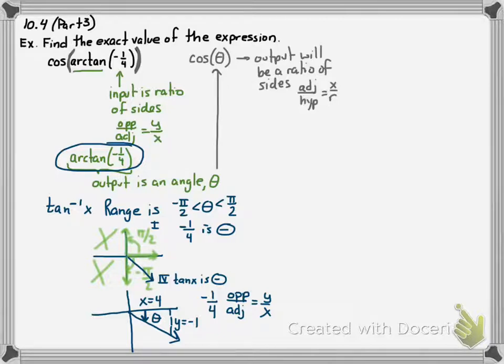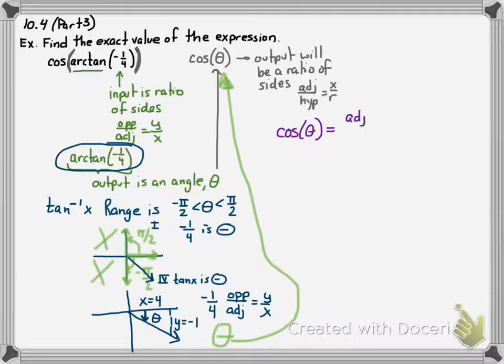Okay, so we've drawn the triangle, we have the x value and the y value, and we've drawn a picture of theta. So now we are ready to take that angle of theta and follow it up and evaluate cosine of theta. So cosine of theta is a measurement of adjacent over hypotenuse, or x over r.